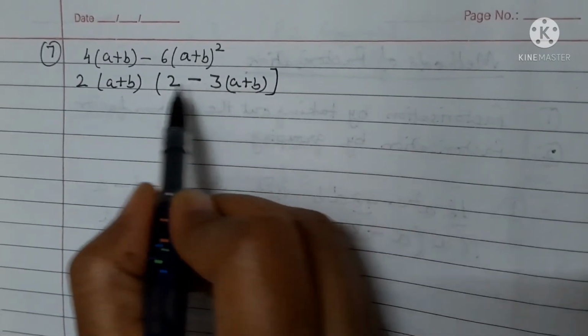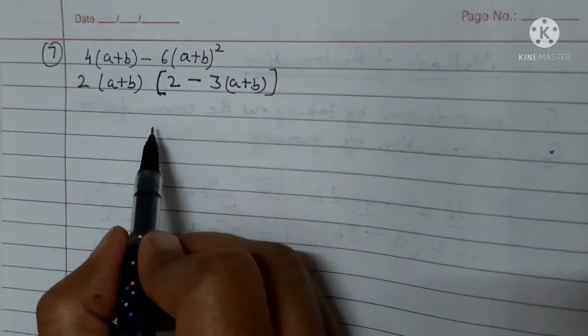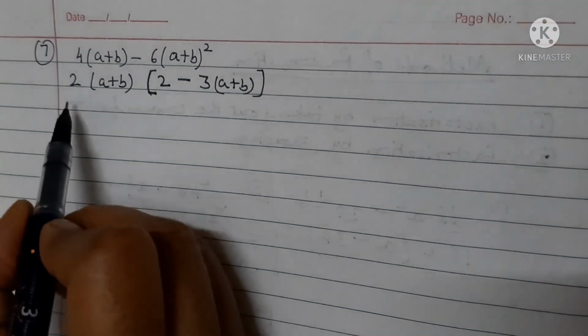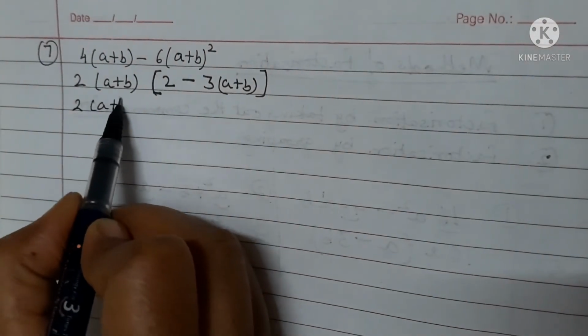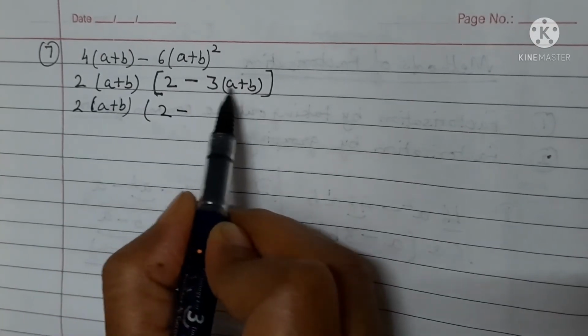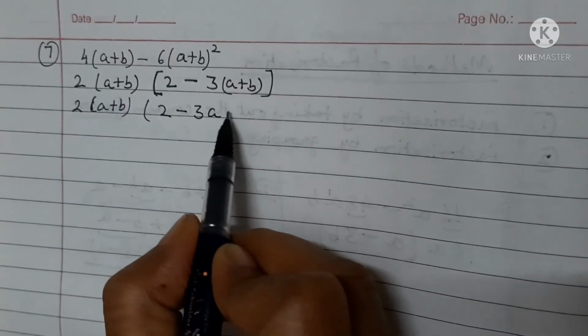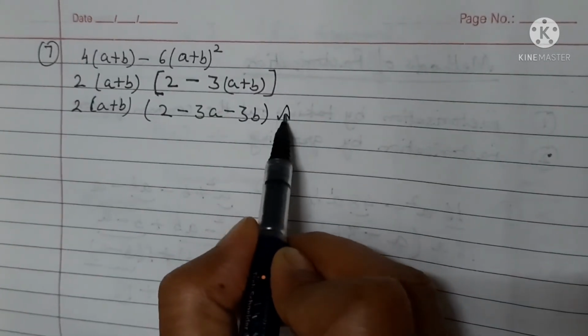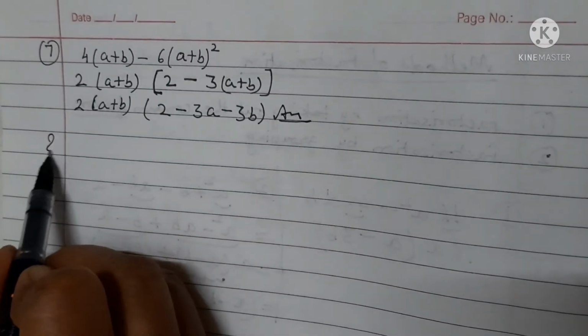You can write it like this: 2(a + b)(2 − 3a − 3b), open this bracket, answer.